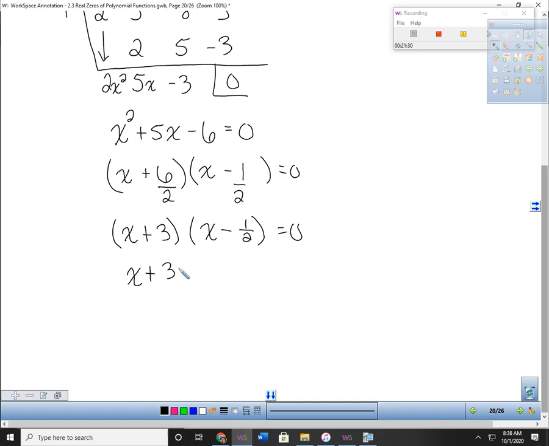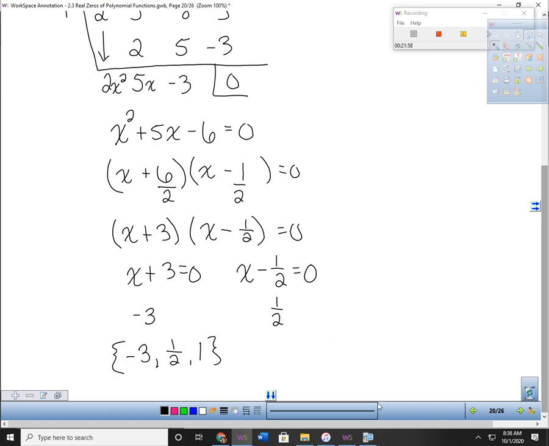So I've got x plus 3 equals 0, and x minus 1/2 equals 0. That gives me negative 3, and this over here gives me positive 1/2. So my answers are negative 3, 1/2, and don't forget about the 1 up at the top.